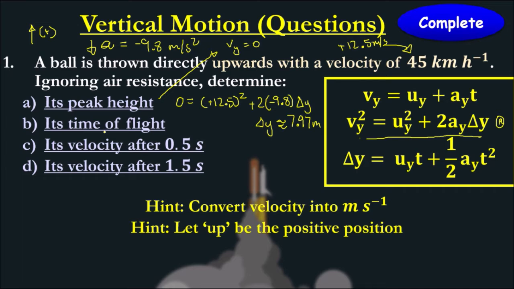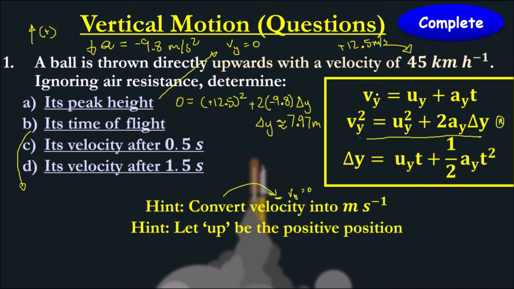Okay, time of flight, so I'll write this down here. If you look at all the information that we have, we know that when the object reaches the final point, its final velocity is going to equal 0. We already know what the initial velocity is. So final velocity, initial velocity, we know what acceleration is, we just need to find time.